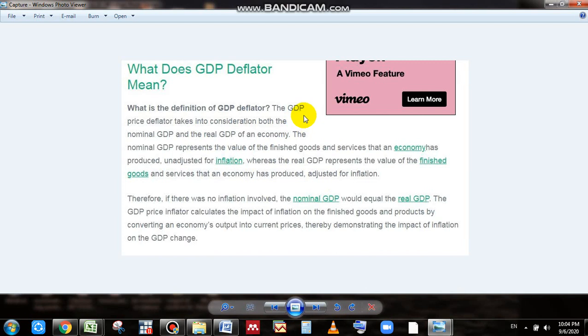To understand the definition of the GDP deflator, here is a screenshot: the GDP price deflator takes into consideration both nominal GDP and real GDP.